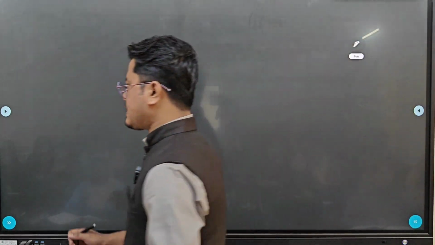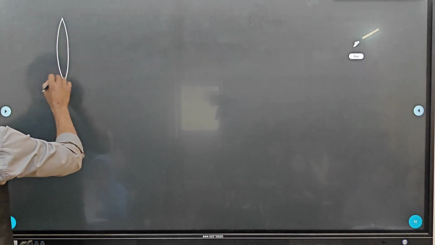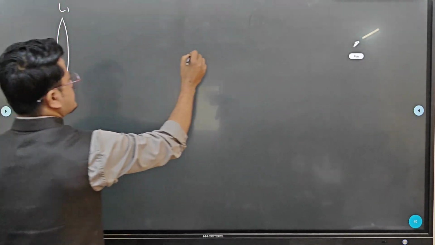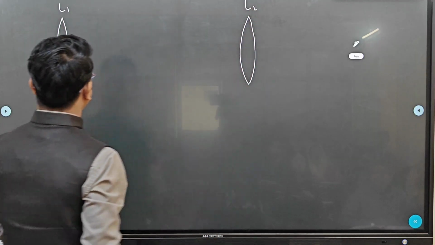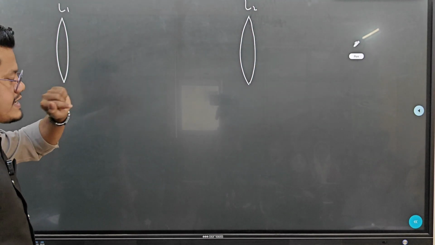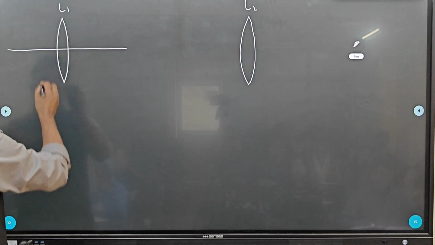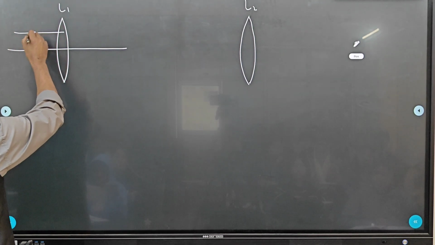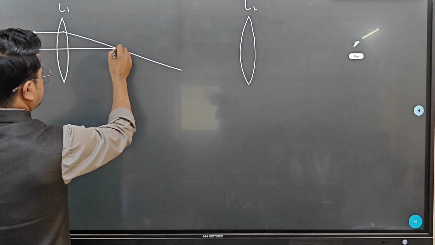So let me just take the example of converging power. For that, I am considering two convex lenses. This is lens L1 and this is lens L2. Just keep your eye on the board and try to understand. When light passes through lens L1, the ray of light goes like this and converges in this way.